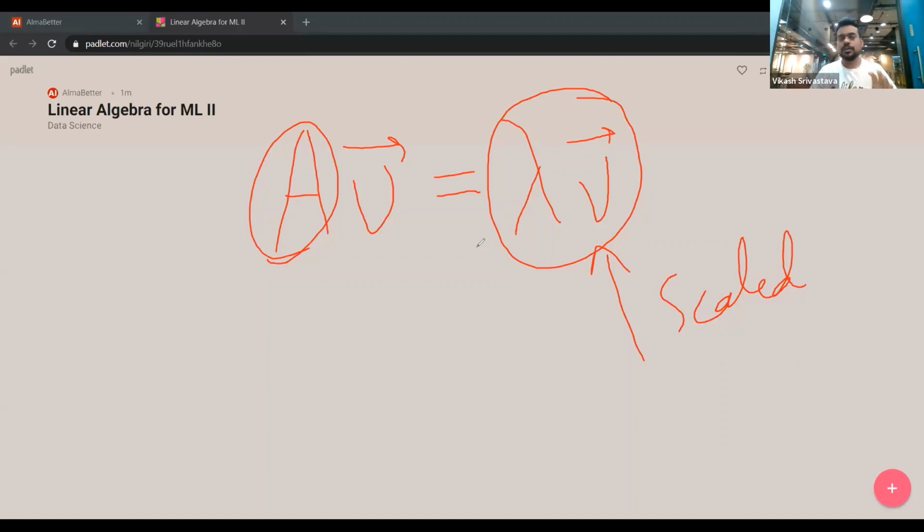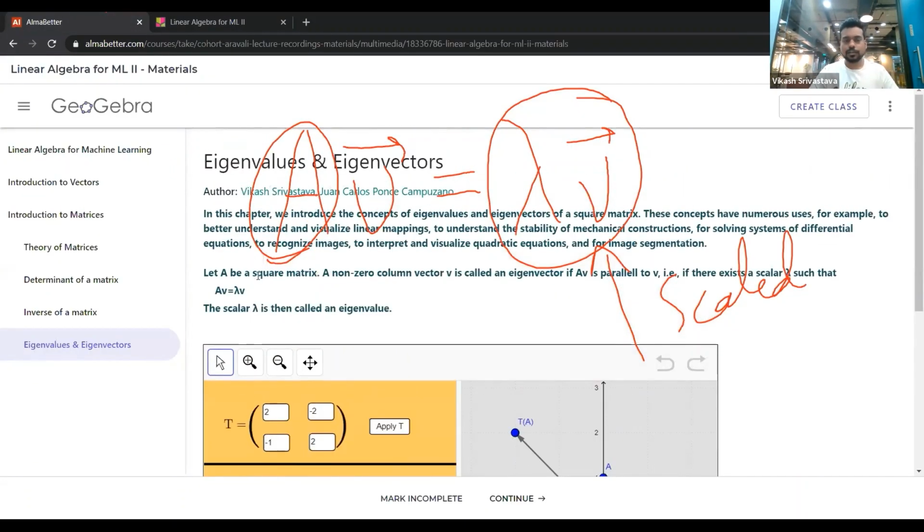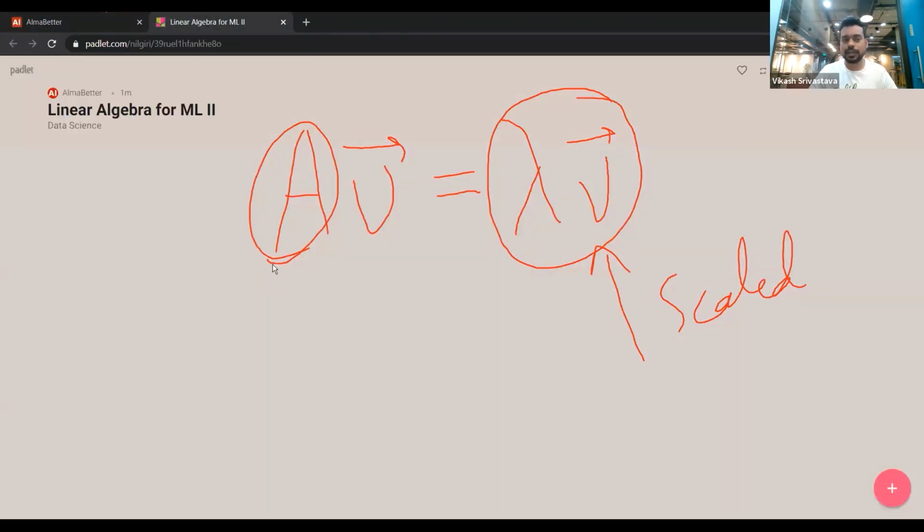So what we'll say exactly, let me go back here. A non-zero column vector V will be called an eigenvector of this transformation A. Okay, so this is really important.